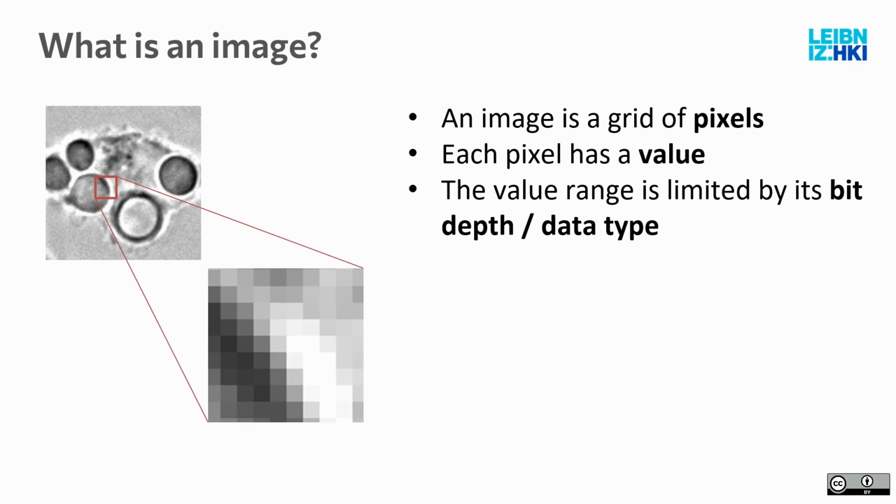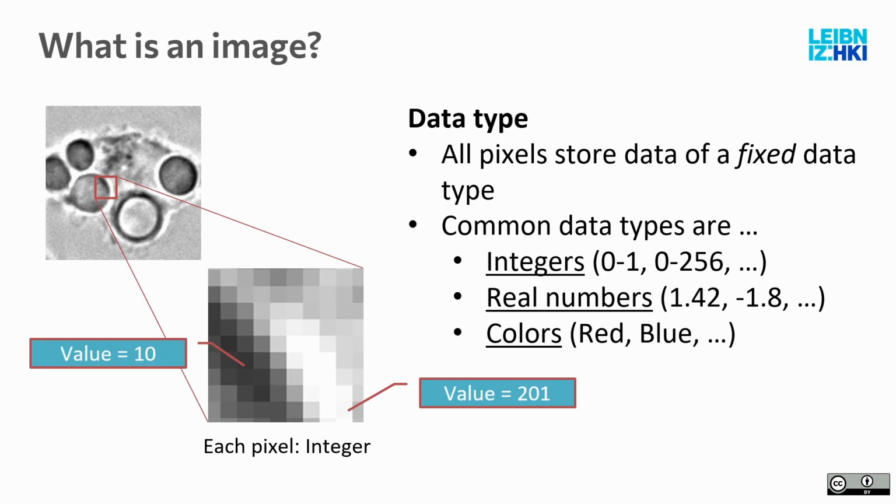It is not infinite like the universe, so it has some kind of limit on what values can be represented in each pixel. The limits of its values and what is possible to be displayed in there is determined by its so-called data type. And that's a very important concept to understand, this data type.